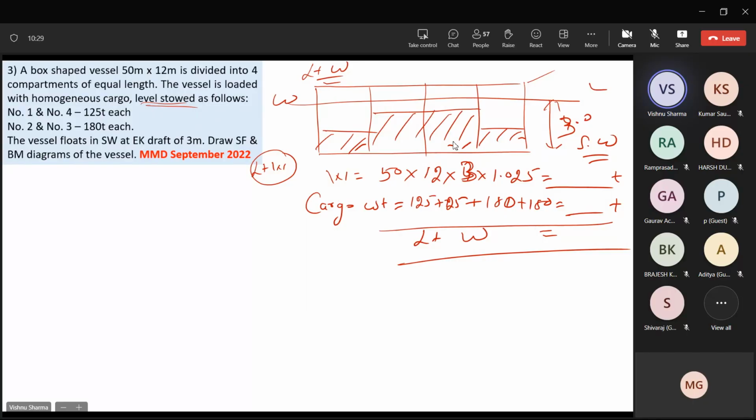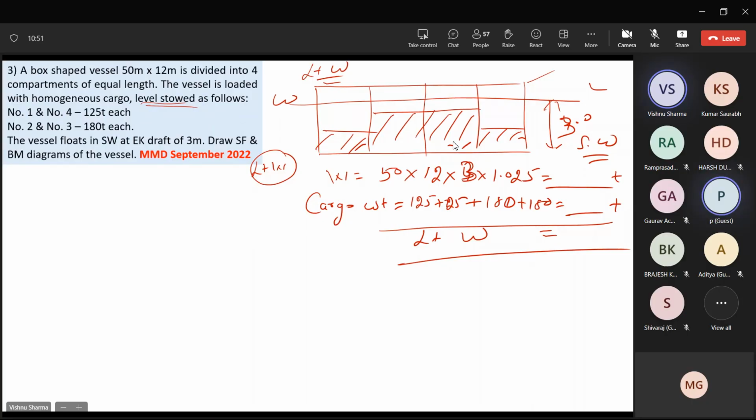Anybody thinks he'll have a problem in this question, beta? So how does it differ from the previous 2 questions that we have done? In the previous 2 questions, the light displacement was given up front in the question. In this case, the light displacement is not given, but the weight of the cargo is given and the draft of the ship is given together with the density of the water in which she is floating.